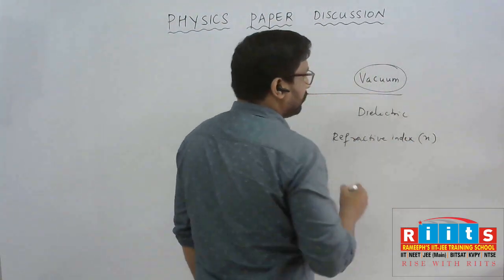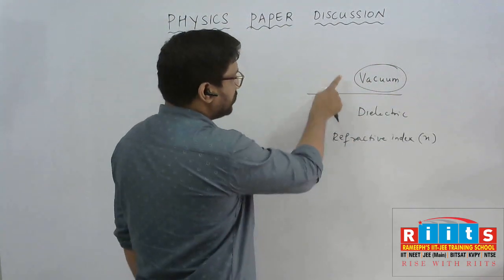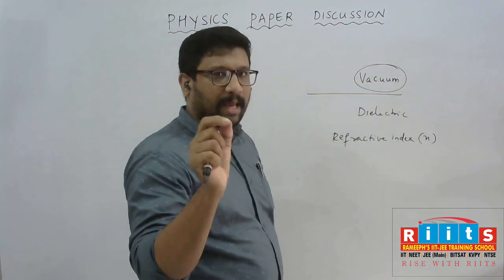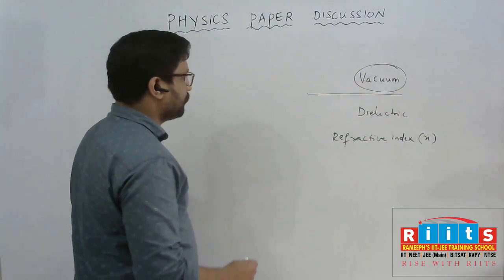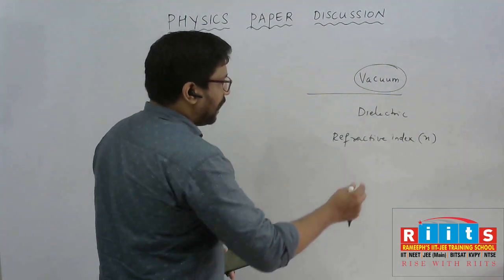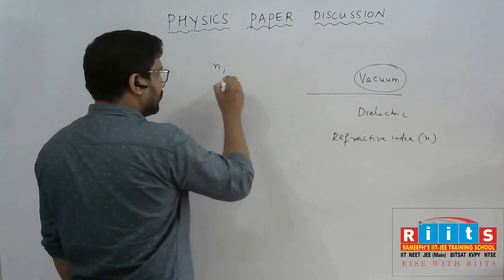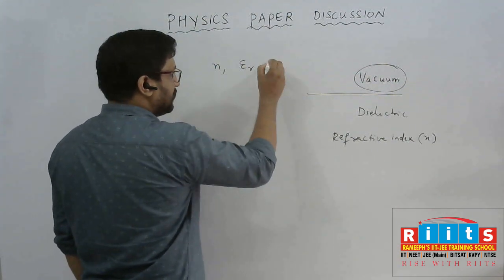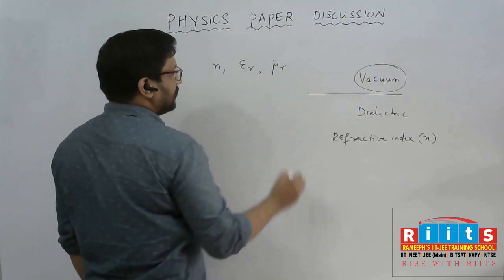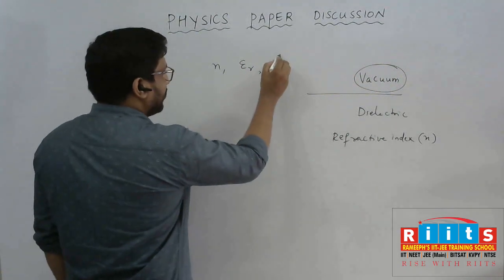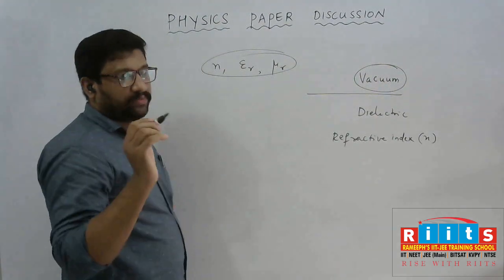Since the first medium is vacuum, the refractive index for this pair of media is the absolute refractive index itself. So how can you find out the absolute refractive index n in terms of relative permittivity and relative permeability? The relation between these three things is very important.